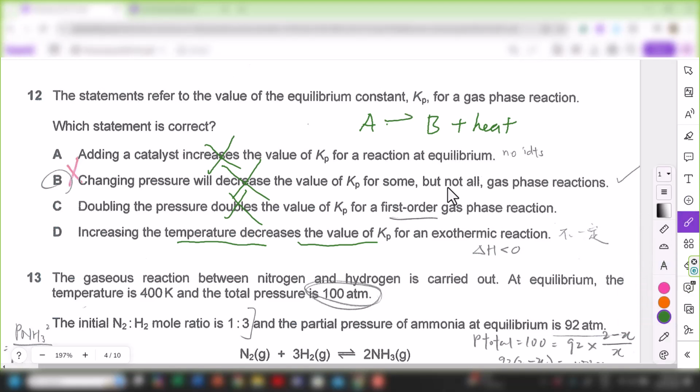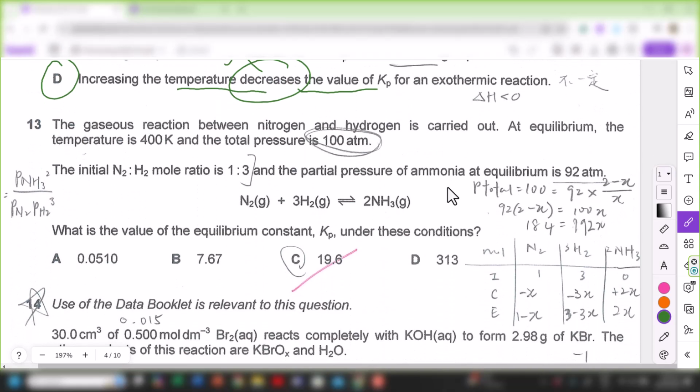The position of equilibrium will shift in a direction so as to partially remove the heat being introduced. So in this case, it will have to shift to the left. When you shift to the left, the value of Kp actually decreases, because the equilibrium constant is a ratio of product to reactant. So it decreases the value. So I'm going to choose option D.